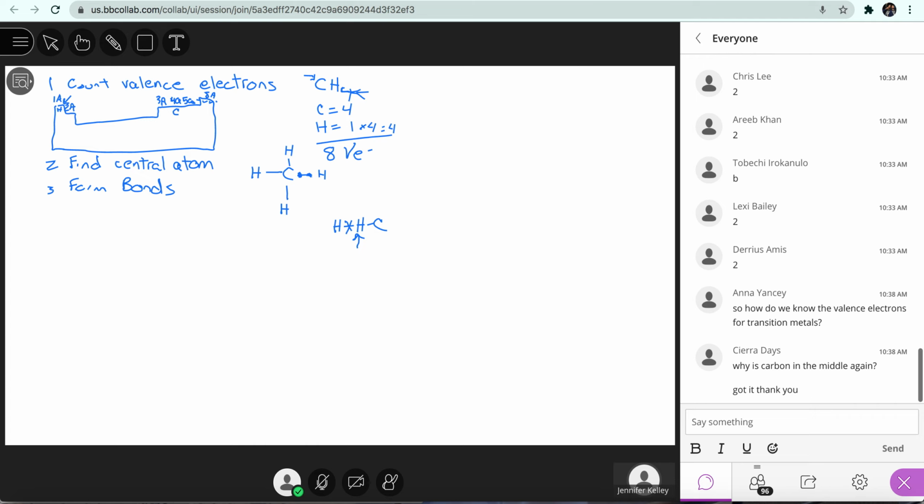All right, so we've got a total of 8 that we've used so far. So we're going to subtract the used electrons. So we've used 8, so we're going to subtract 8. So we don't have any valence electrons left.